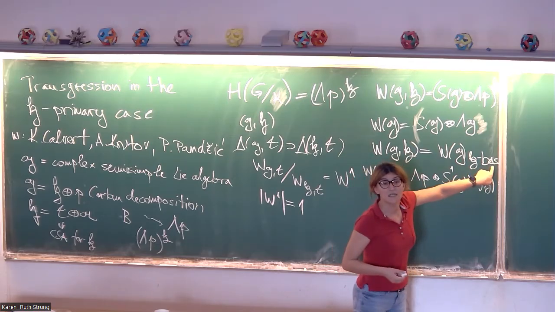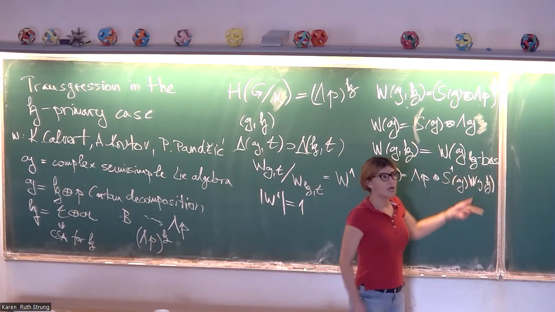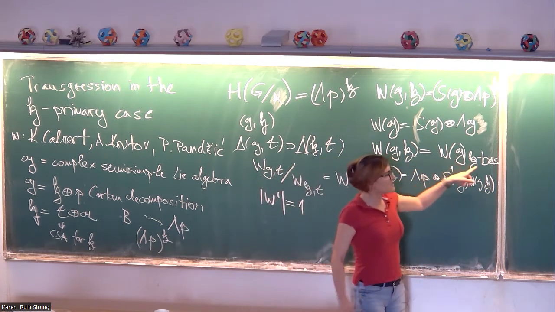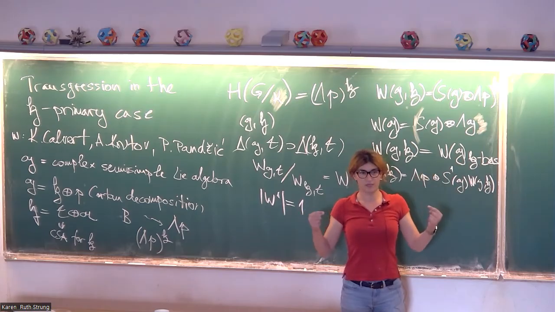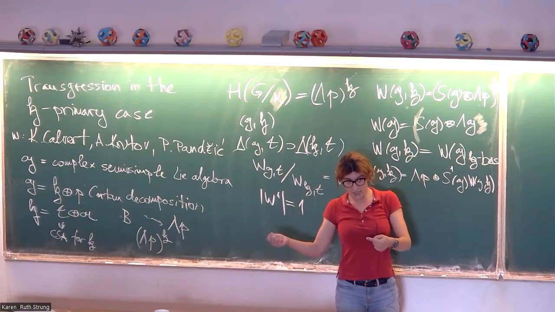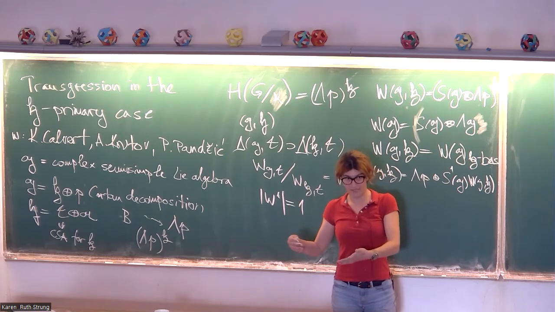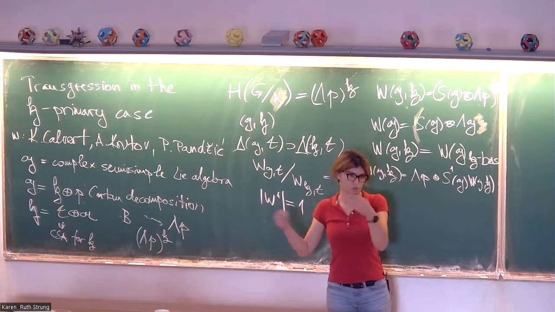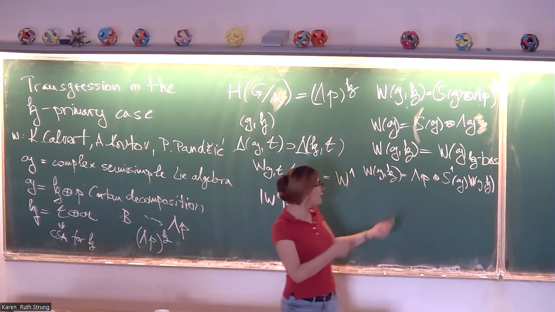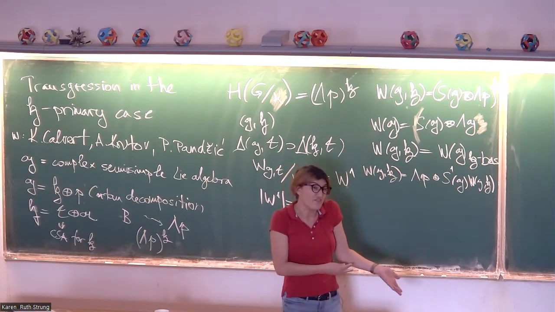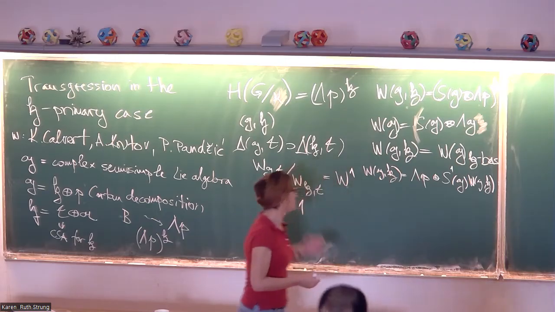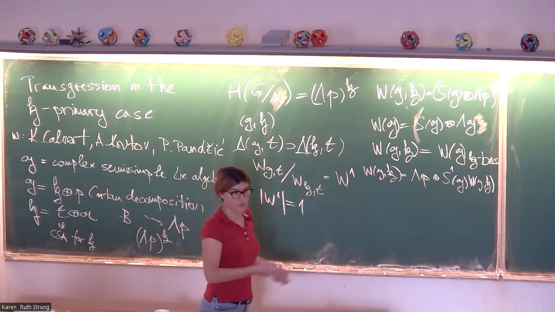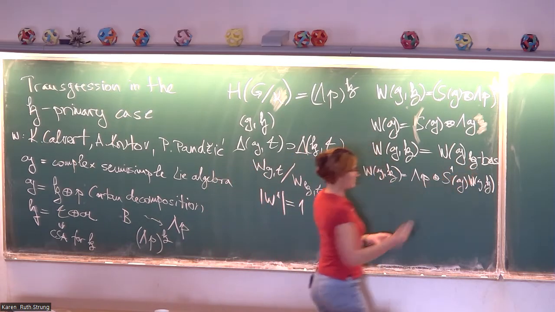K basic. It means that those are the elements that are killed both by contractions or by elements with K, and that part is the so-called horizontal part, and also that they are K-invariant. So killed by Lie action and contractions with these guys.